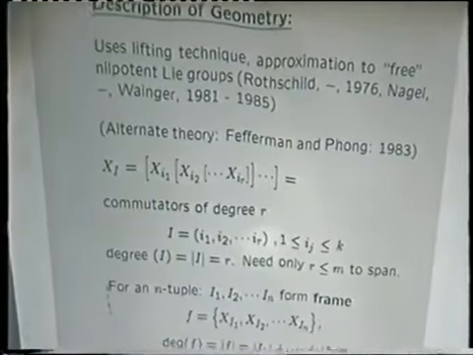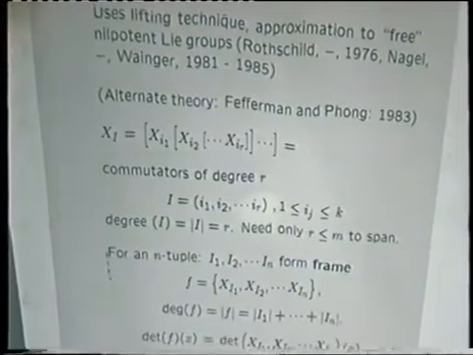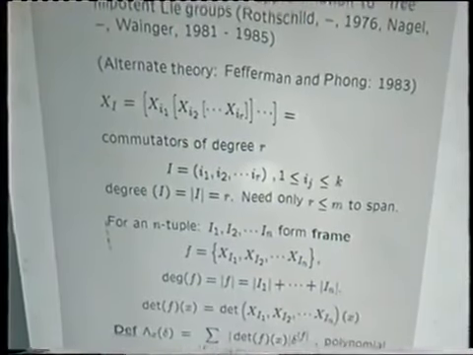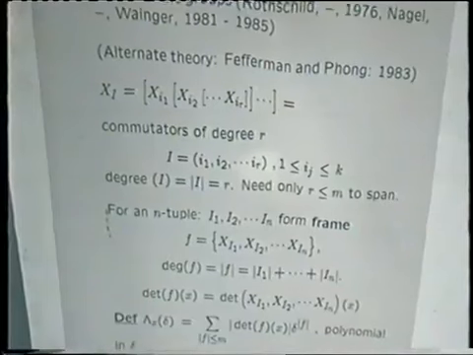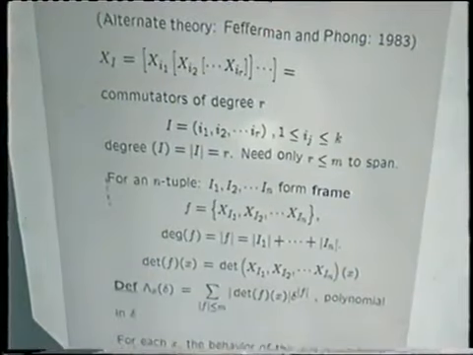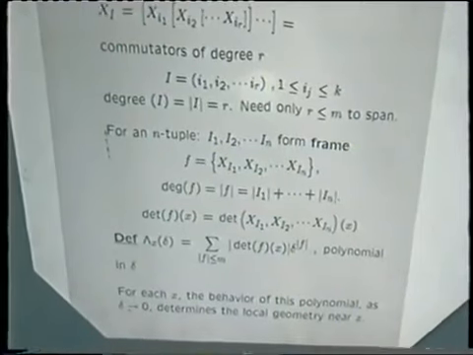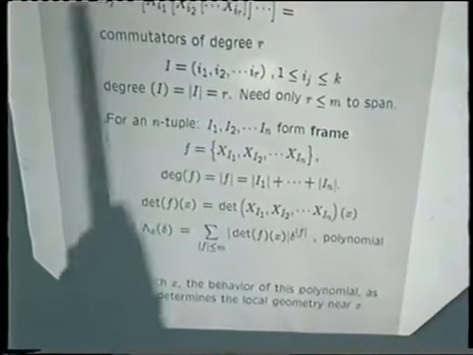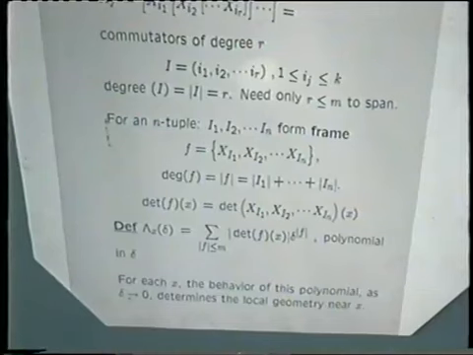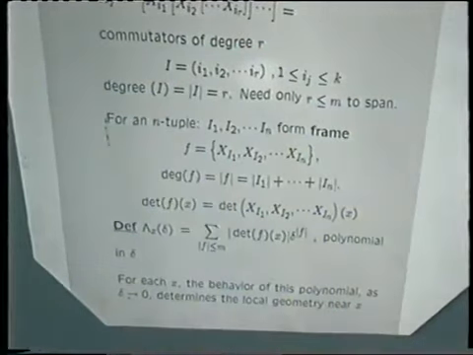But basically, what one does is start with these vector fields, and then form strings of these commutators given by a multi-index set I, and assign a weight or degree to I, which is just the number of elements in that string of multi-commutators.